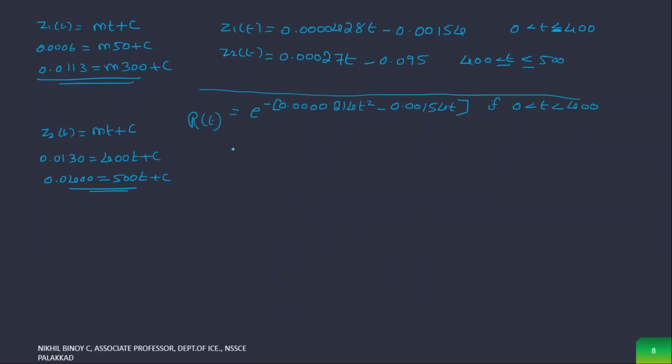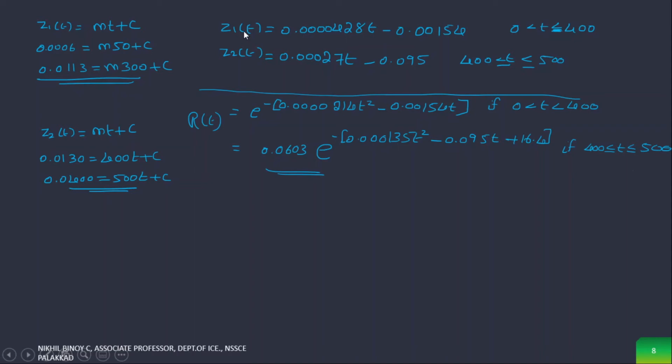And R of t is equal to 0.0603 into e raised to minus 0.0000135 t square minus 0.095 t plus 16.4 if 400 less than or equal to t less than or equal to 500. So this one is the equation of reliability. So this one is a hazard model.